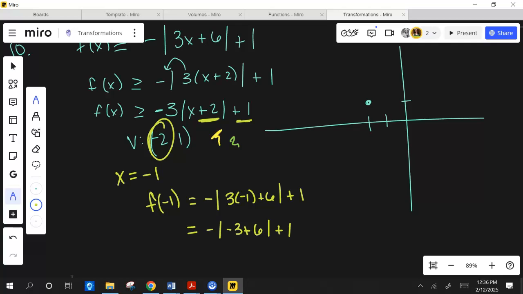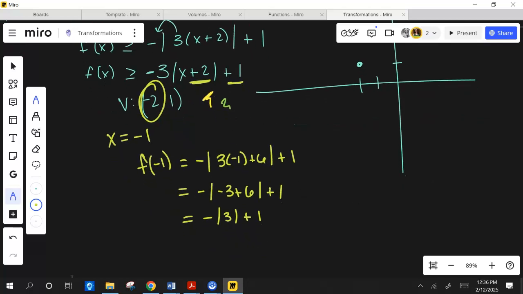I think about them like parentheses, and at the end, then you change it. So this would be negative absolute value of 3 plus 1, which is -2. So this point is -1, -2.